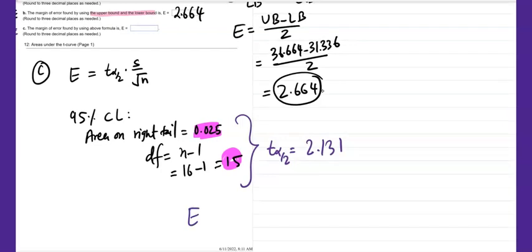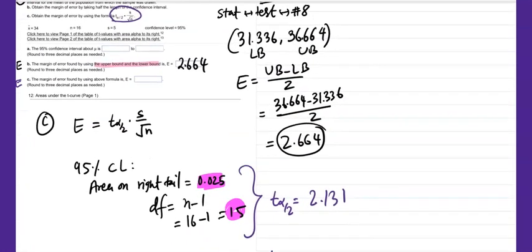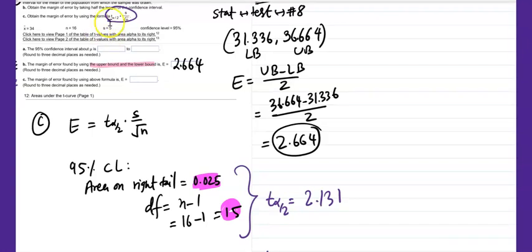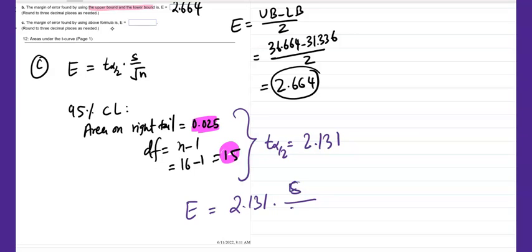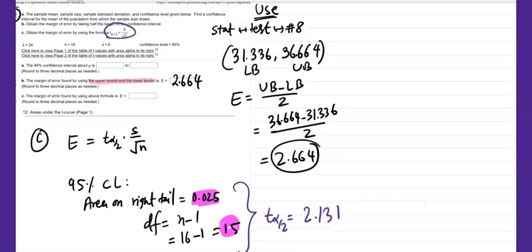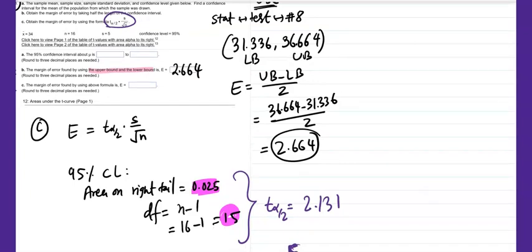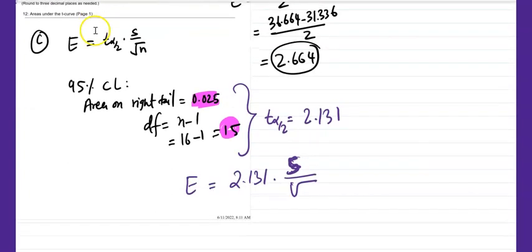So E is going to be 2.131, which is the critical value, times S. What is S here? S here is 5, I can see it here, over the square root of n. The sample size here is 16, of course, we have it here.